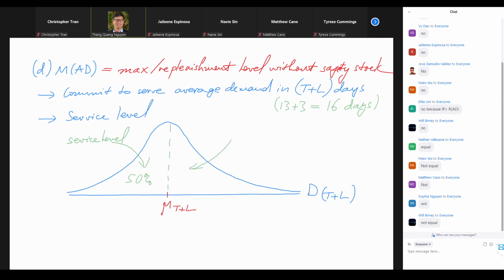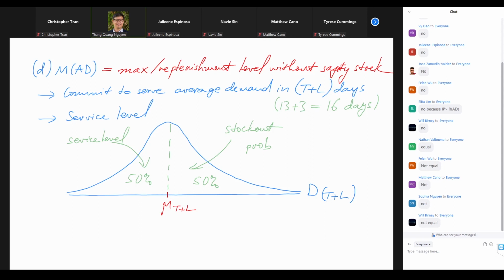And the right-hand side, that's a stock out probability, also 50%. Right? It sounds bad. And that's why later on we want to carry more in part E, right? We need to carry more so that we can go beyond this 50% service level, right? But that's for part E.